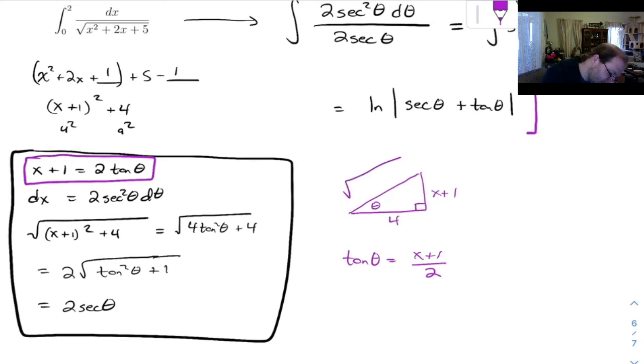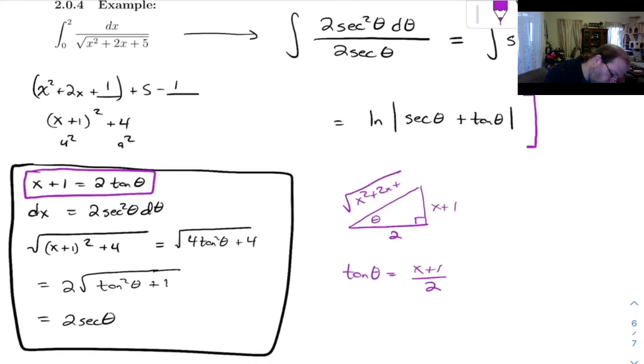That makes this side over here x squared plus 2x plus, why did I put a 4 there? It's supposed to be a 2. It gives me x squared plus 2x plus 5, yeah. 1 squared plus 2 squared, yeah. Okay, so we get that.